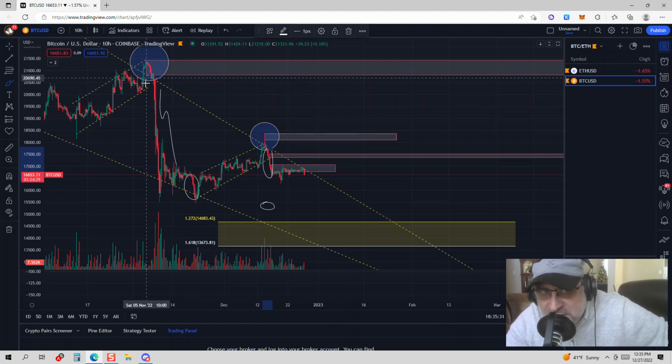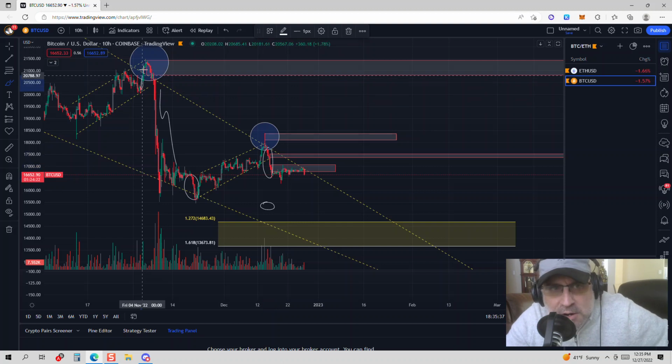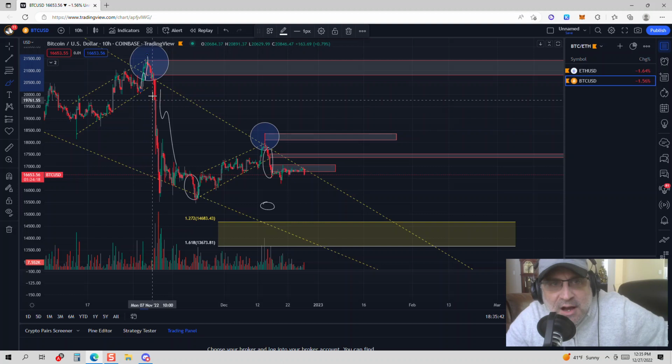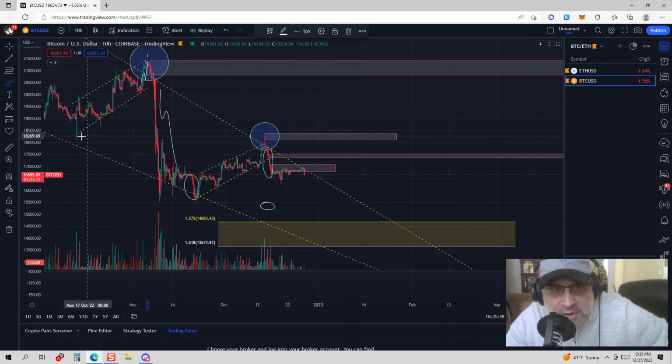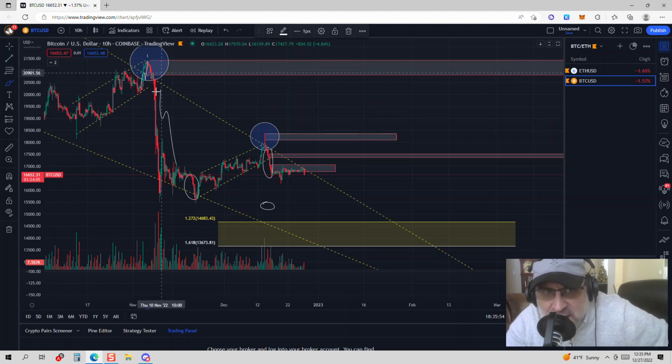But the point is that before these pullbacks take place, there's usually a pump, something that pumps hard and fast and high, and it entices people to buy in. It occurs usually around these junctures where these micro supports on these rising structures, these either wedges or parallel channels, ascending channels, come in to contact with the macro resistance on this wedge.